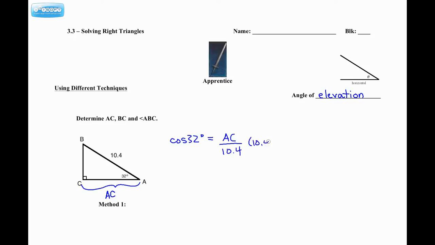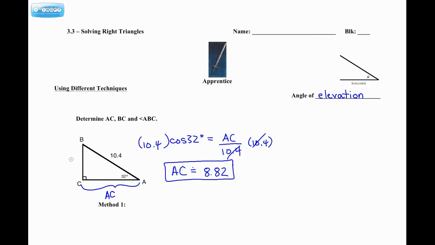So let's solve for AC. So just multiply both sides by 10.4. So that means length AC is going to be approximately, work it out, 8.82. So that's to the nearest hundredth.